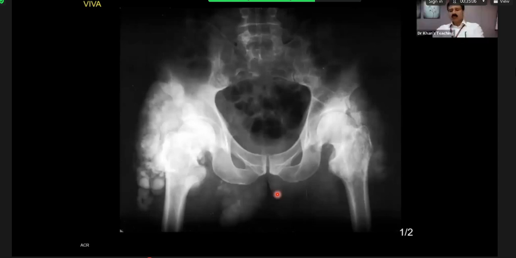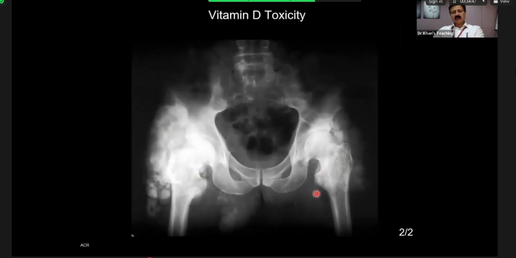Okay, that's fine. If you see here, there is a very significant amount of calcification overlying joints. The finding is quite significant, and for this type of calcification three differentials should be in your mind.